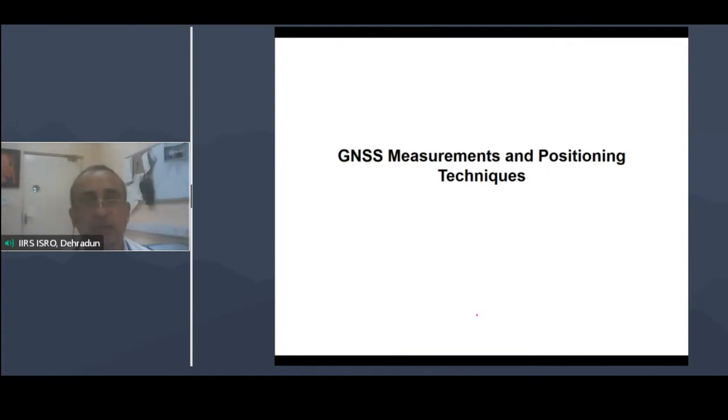Before this lecture, I've already talked about the introduction to GNSS, and the second was satellite-based navigation systems. Yesterday I talked about different types of satellite-based navigation systems, both global as well as regional systems, in full detail. And today, let me start on GNSS measurement techniques and positioning techniques.